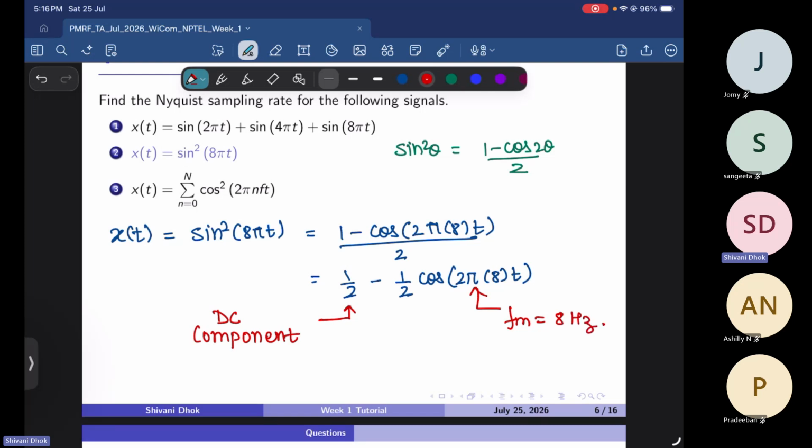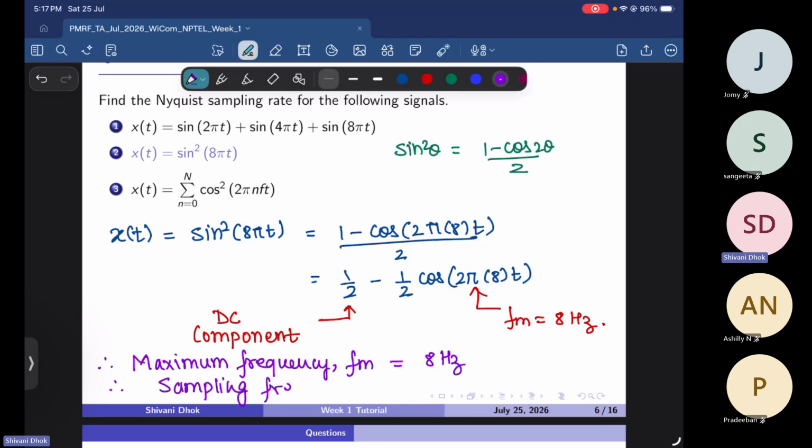Therefore, the maximum frequency is 8 hertz. Therefore, the sampling frequency is 2 times FM, which is 16 samples per second.